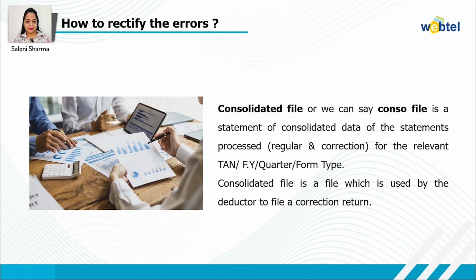If we talk about the consolidate file, then consolidate file or a conso file is a statement of a consolidated data of the statement that has been filed by the deductor for a relevant TAN number, financial year, quarter, and also for a relevant form type. And a consolidate file is a file which is used by the deductor for filing a revised return or for filing a correction return.